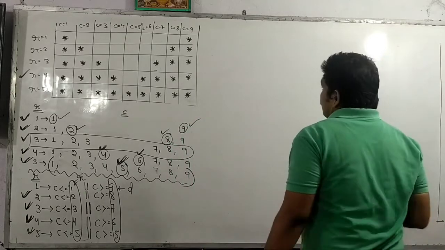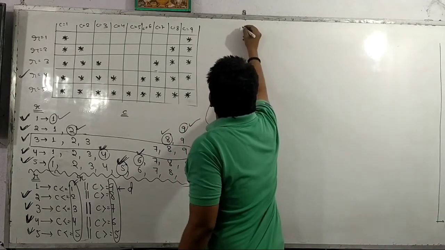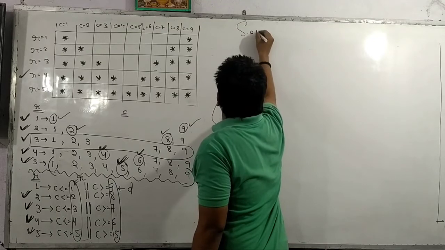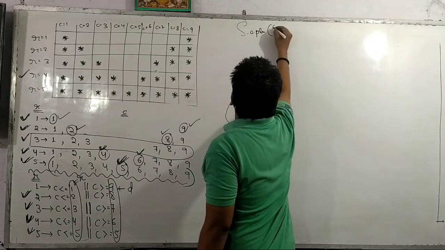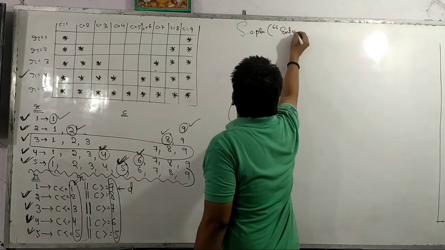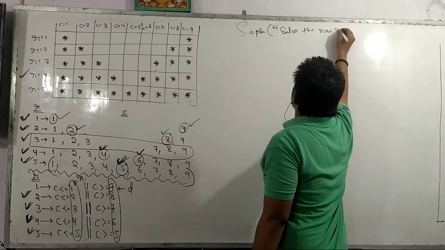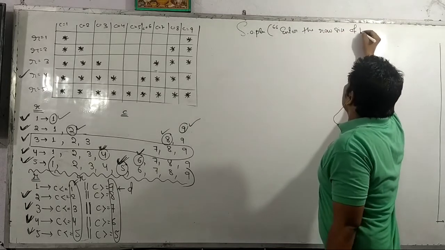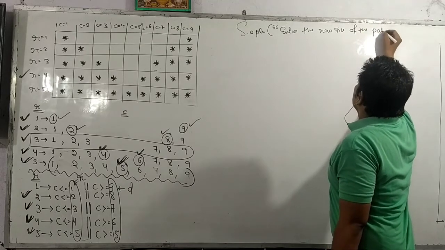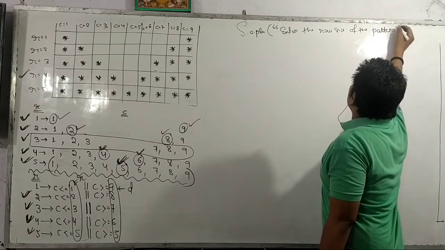Listen. See, here I will write System.out.println, enter the row size of the pattern.